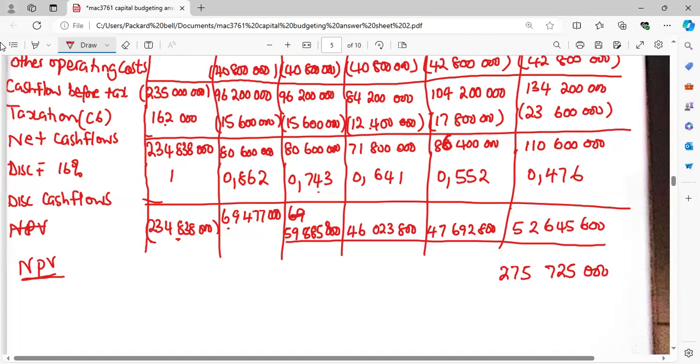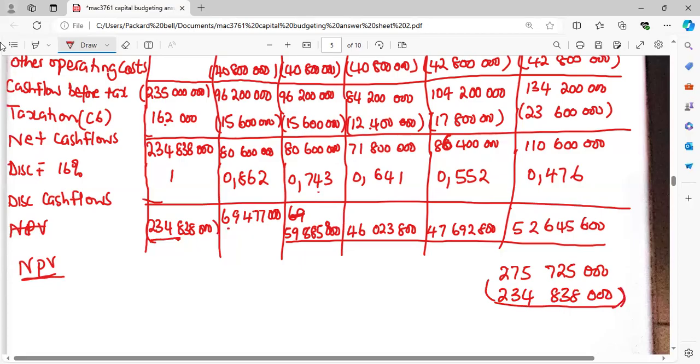If this is the total for all the discounted cash flows, then we minus this one, 234,838,000. And remember, when you mark, we cannot all have the same answer because we have different rounding. You can see someone might be ignoring this 800 whatsoever. So the answer might differ a bit, but not too much.